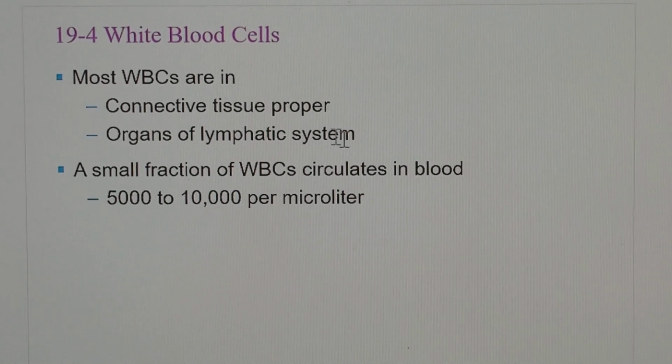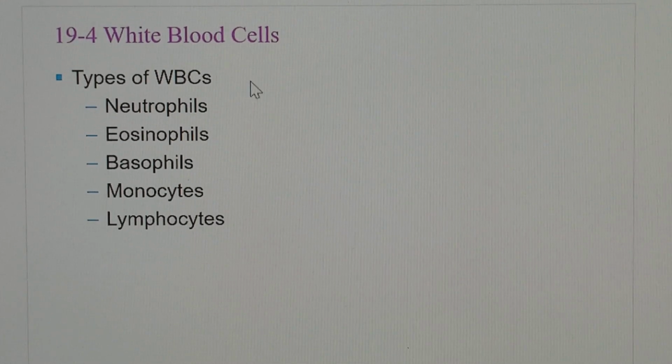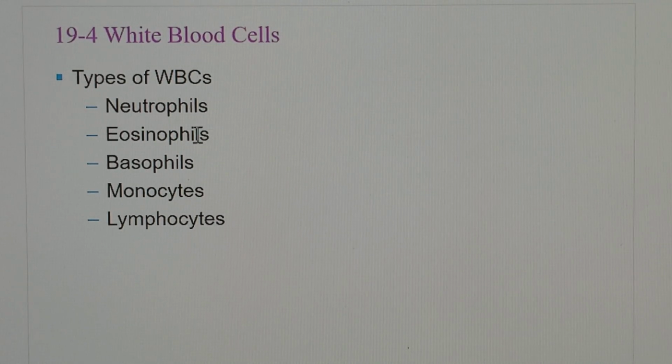White blood cells can be found in connective tissue proper, organs of the lymphatic system. A small fraction of white blood cells circulate in blood, 5,000 to 10,000 per microliter. Types of white blood cells are the neutrophils, eosinophils, basophils, monocytes, and lymphocytes.